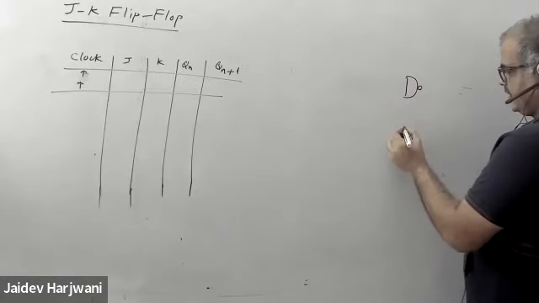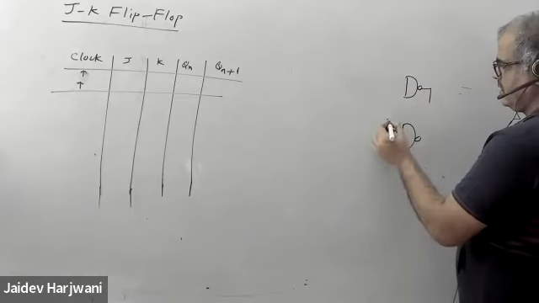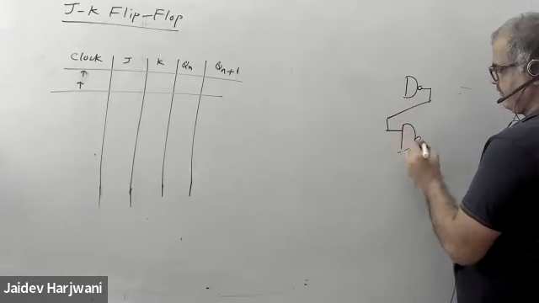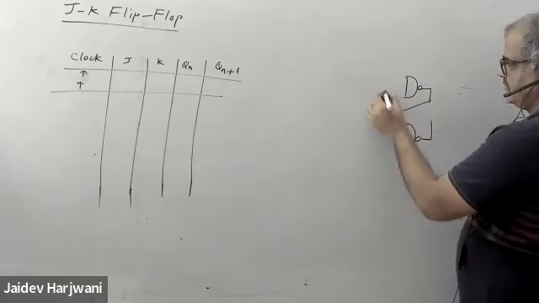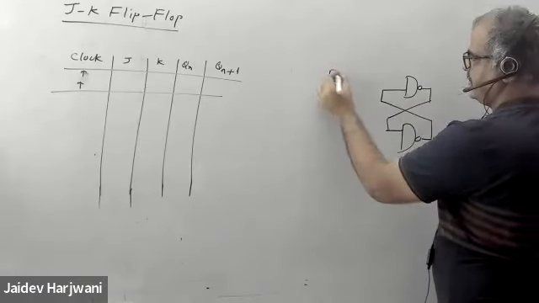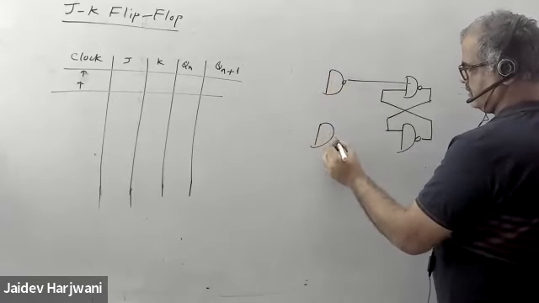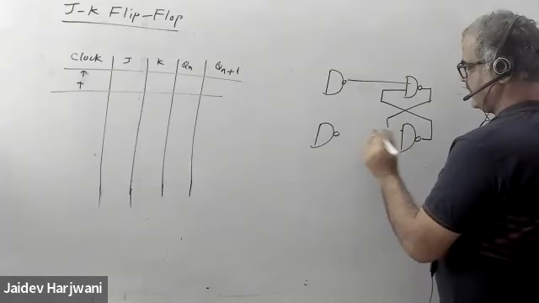This is your NAND gate, connected here, and the output of this one connected here. You have one NAND gate here, one NAND gate here. Sorry, one NAND gate here, and you have three inputs.